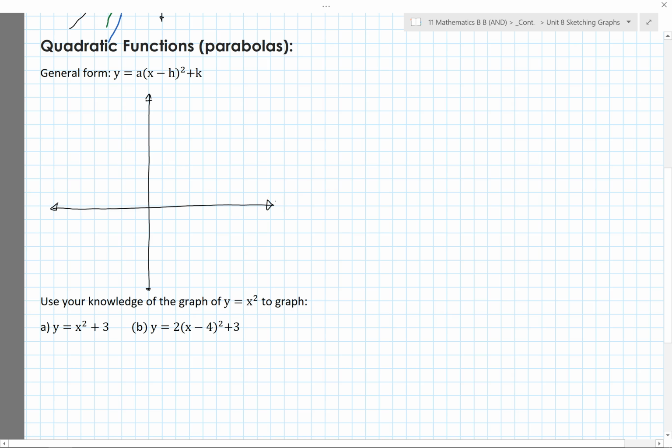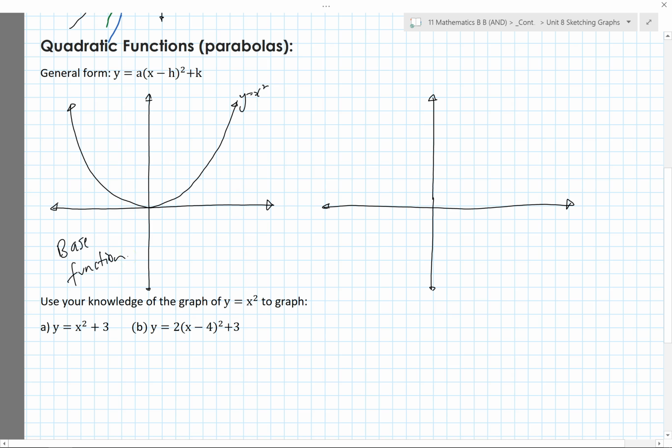So looking at some parabolas, some x squared functions, hopefully from the last lesson, where I'm drawing a million parabolas, you know that the base function would look something like this. A y = x squared parabola. To this parabola, we can do some transformations.